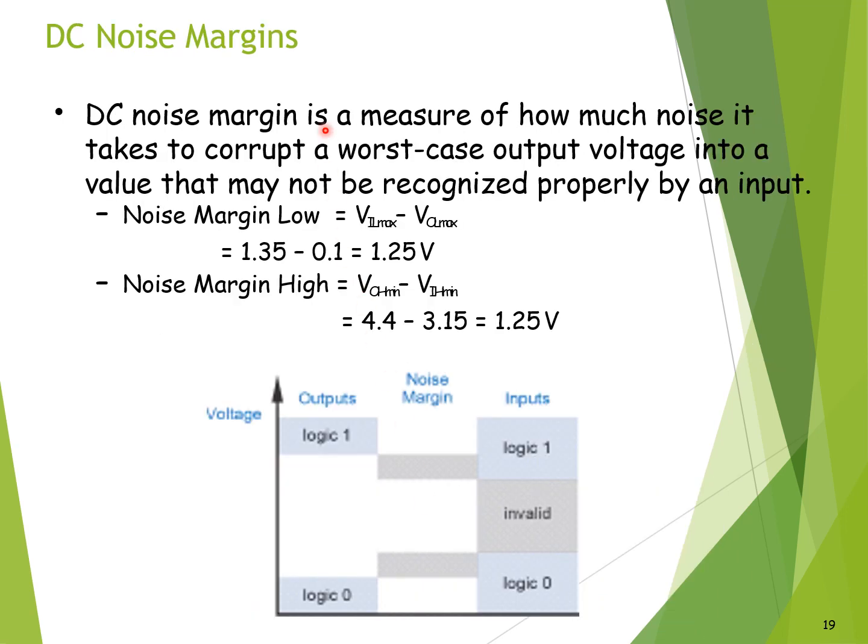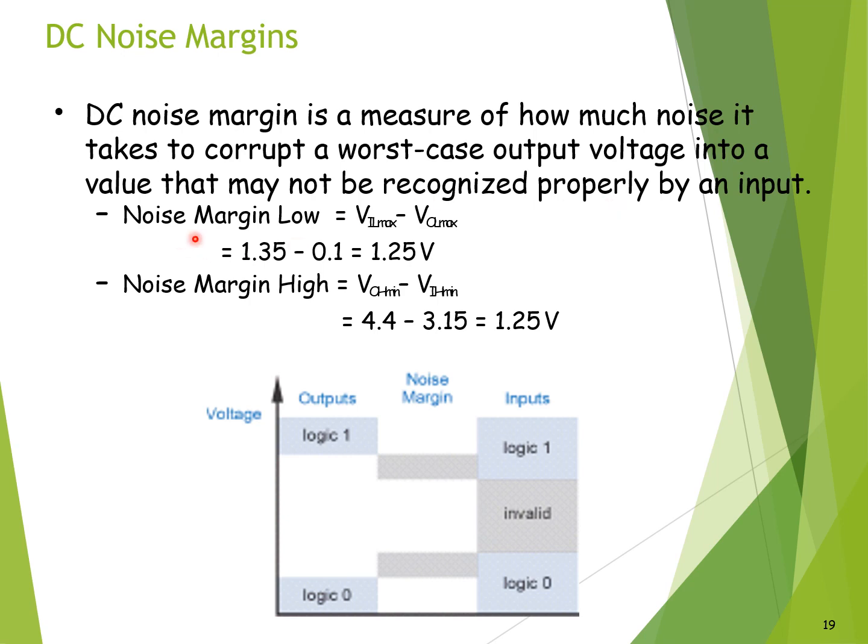So the DC noise margin is a measure of how much noise it takes to corrupt a worst case output voltage into a value that may not be recognized properly by an input. Which means if the voltage levels are taken wrong, there are many possibilities of recording a bit 0 as 1 or 1 as 0.